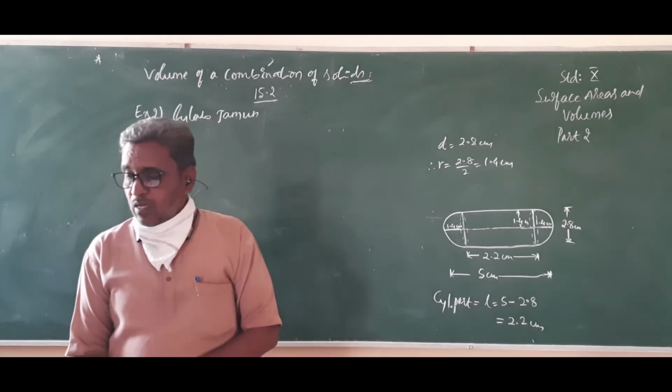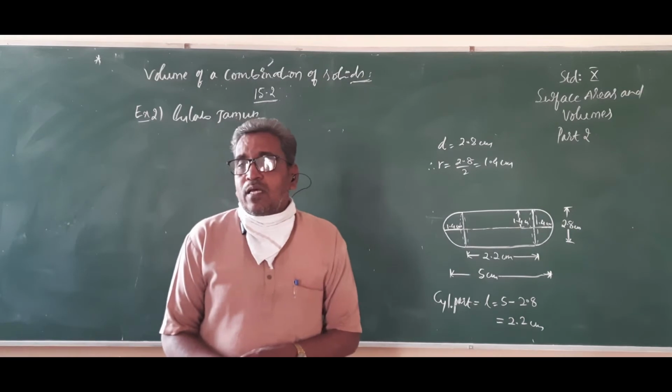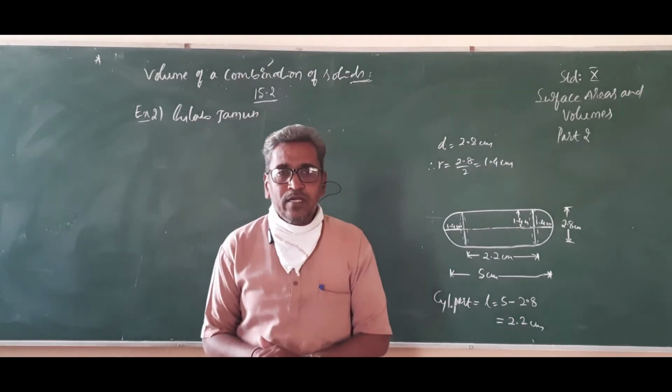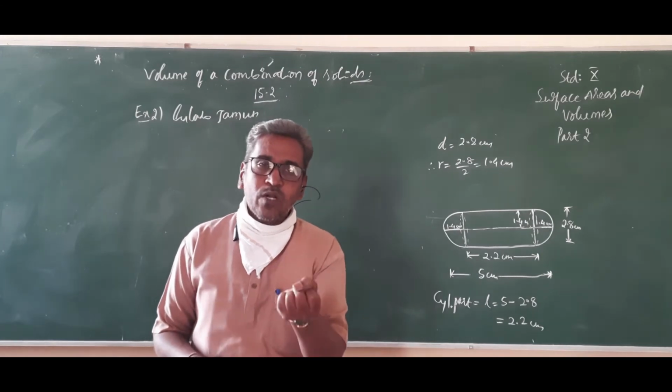Now how many gulab jamuns are there? 45 gulab jamuns. The first work is to find the volume of one gulab jamun.